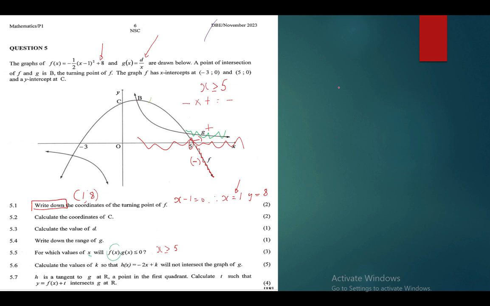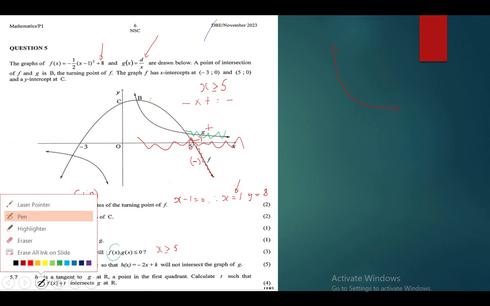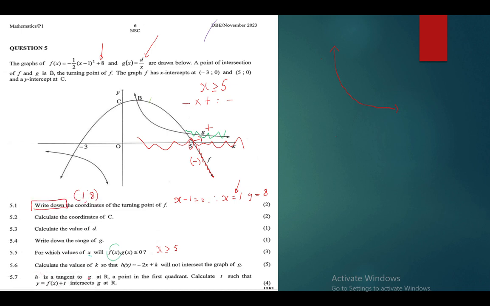I normally prefer to create a diagram. So let me say this is your function g. And they are telling you that h is tangent to g. I will just create a point of tangency. Suppose it's tangent at this point.